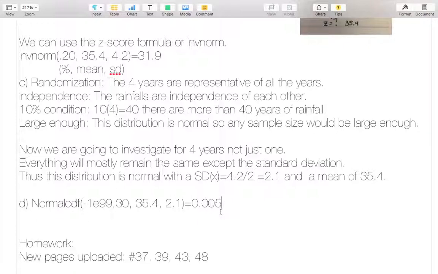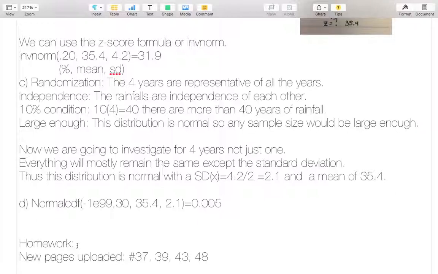Normal CDF of all that gives you a probability of 0.005. So it's actually very unlikely to see an average of 30 inches or less in 4 particular years. You would expect it to be a lot higher than that, a lot closer to the actual mean. Okay? And so I want you to try that.